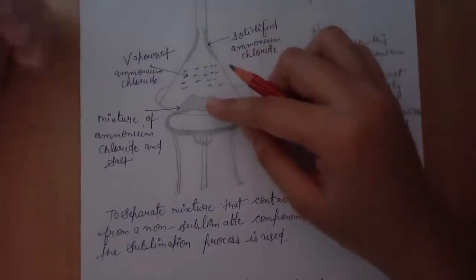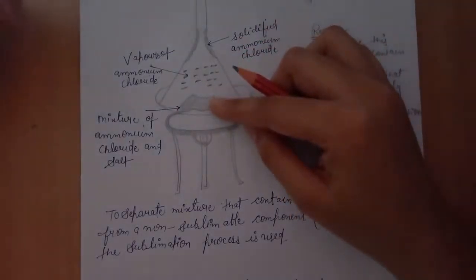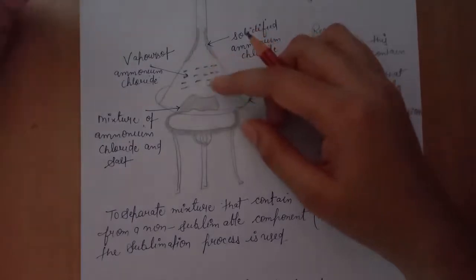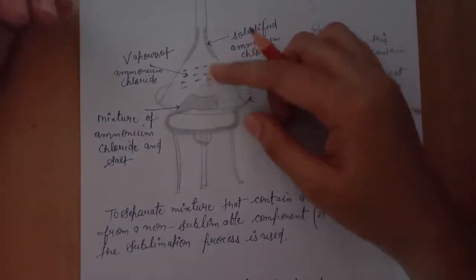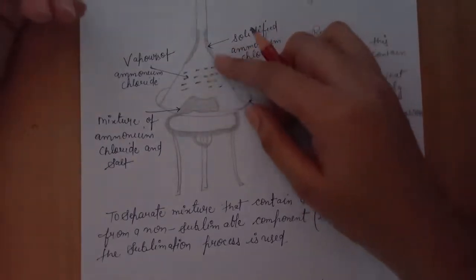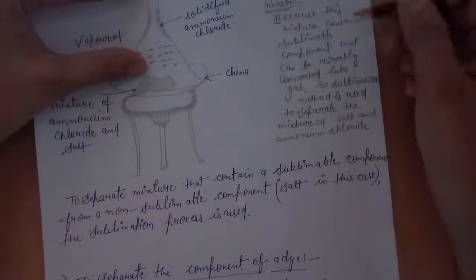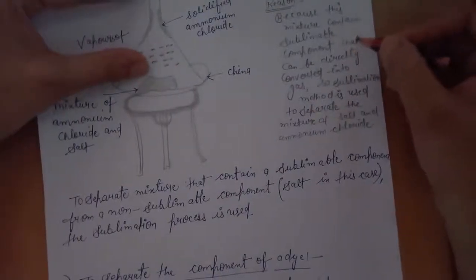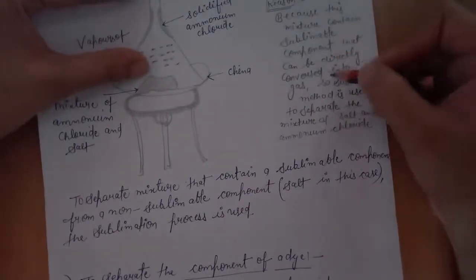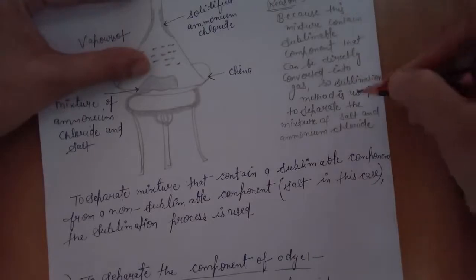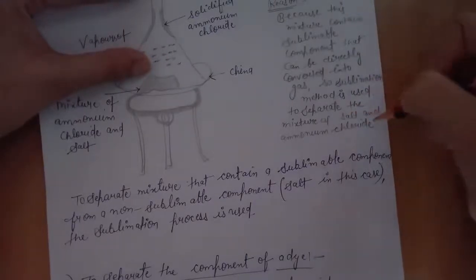Salt firstly converts into liquid phase, and it takes time to form vapors, and before the formation of vapors of salt, vapors of ammonium chloride form and get solidified after being cooled on the walls of this funnel. The reason is that this mixture contains a sublimable component that can be directly converted into gas, so the sublimation method is used to separate the mixture of salt and ammonium chloride.